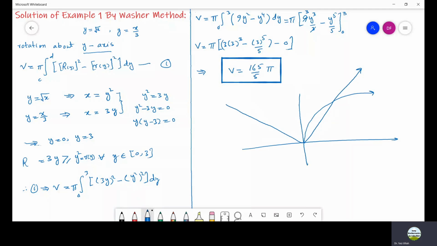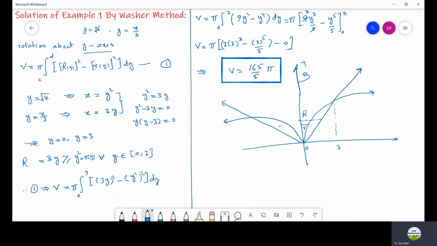If we rotate it about the y-axis, we have a graph like this one. This distance from here to here is capital R of y, and the distance from here to here is small r of y. This is the origin, and this point is x equal to 3.